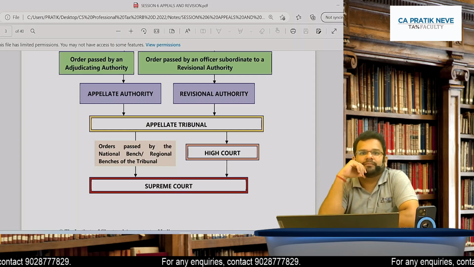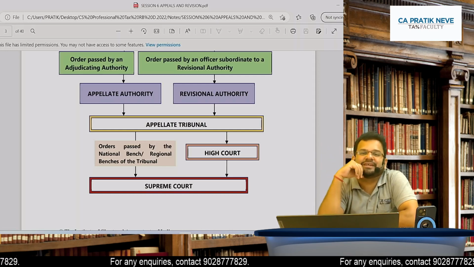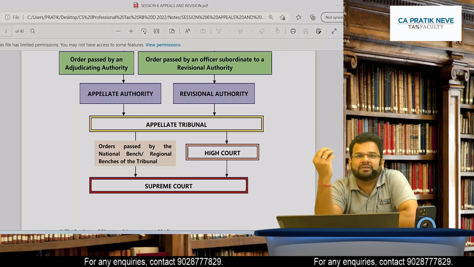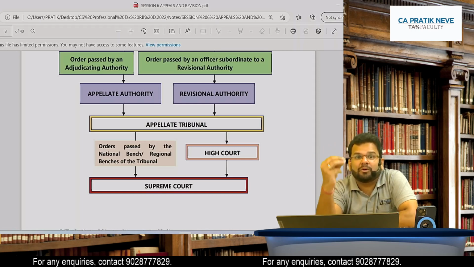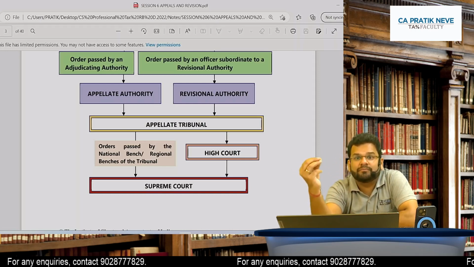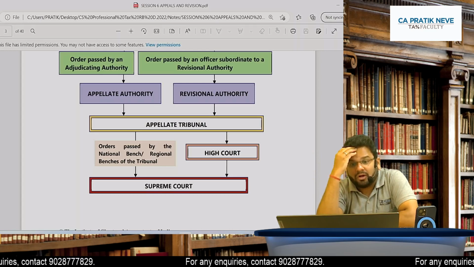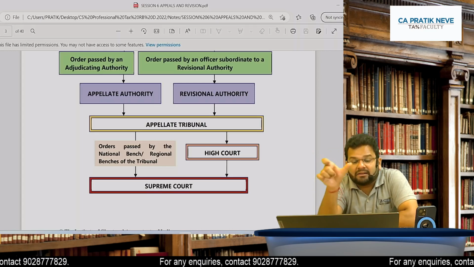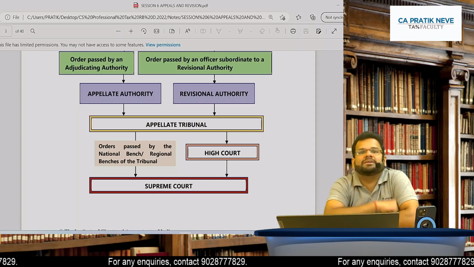So there is one typical question which is asked in all the professional exams. That question is place of supply. Now if I talk about place of supply issues, that issue can be dealt with not at any other lower benches, but directly by the national bench or regional bench.